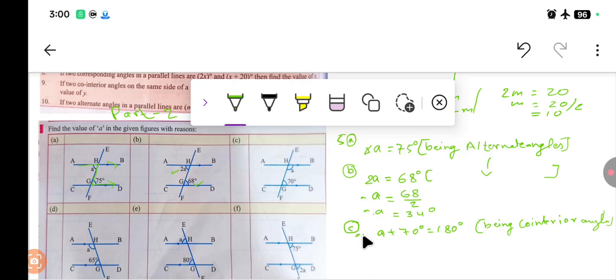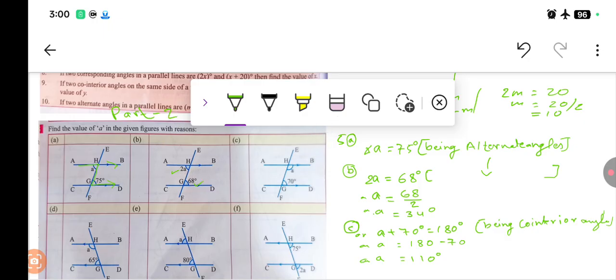After that you can solve this equation. A will be equal to 180 minus 70. At last you can write A is equal to 110 degree. So this is how question number 5a and 5b and 5c is solved.